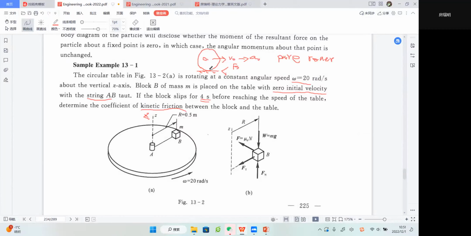The second is this point we can call the instantaneous center of velocities. So that means our V0 will equal omega times r. Let's say this r is the radius of this wheel.